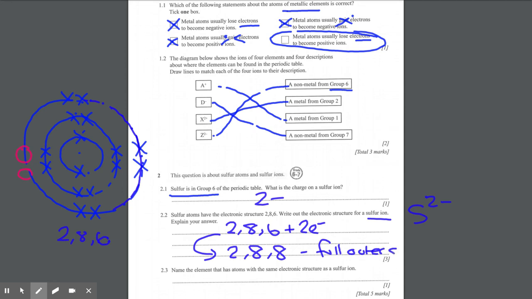That full outer shell then relates to the final question, which is asking you to name the atom with the same electronic structure. That's usually the one on the far right-hand side of the same period in which that element is contained, and in this situation, it's argon.